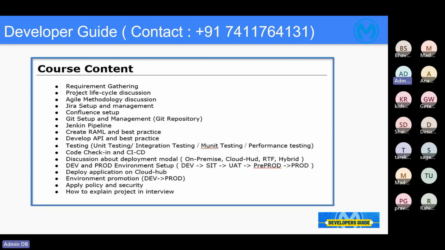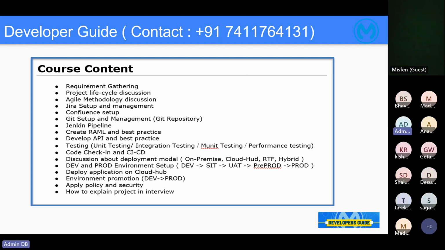Then coming to the Jenkins pipeline. Once you have your code base ready, you need some automation tool which can automate your deployment process. Generally, we should avoid manual processes, since in a manual process there can be human mistakes.